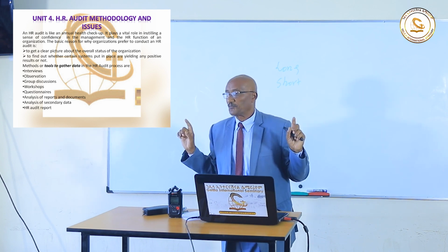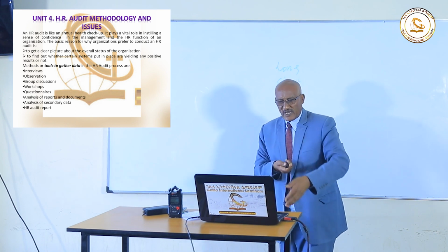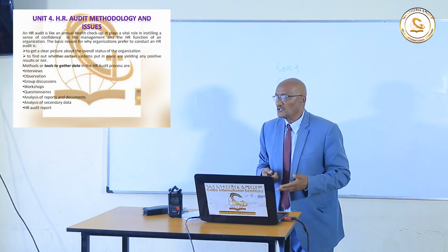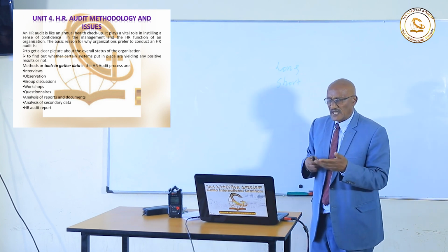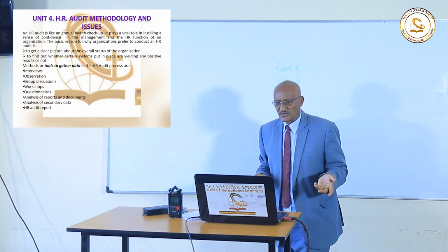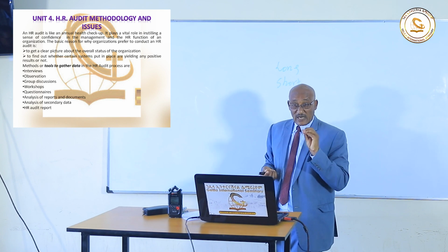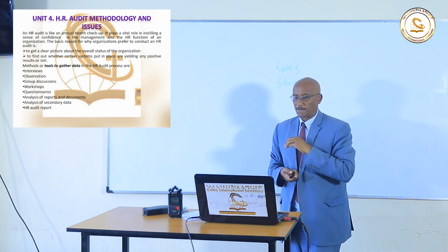In order to get this information, you can use interviews, observation, group discussion, workshops, questionnaires, analysis of reports and documentation, analysis of secondary data, and human resource audit reports. These are sources of information you can collect about your organizational members. Yeah?